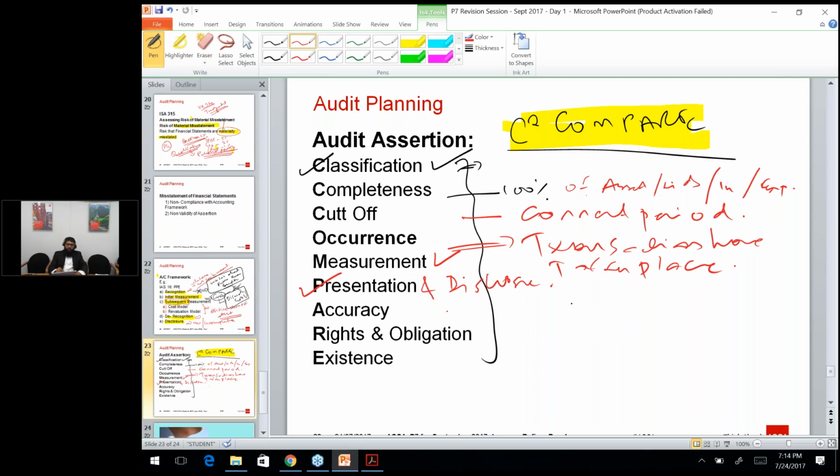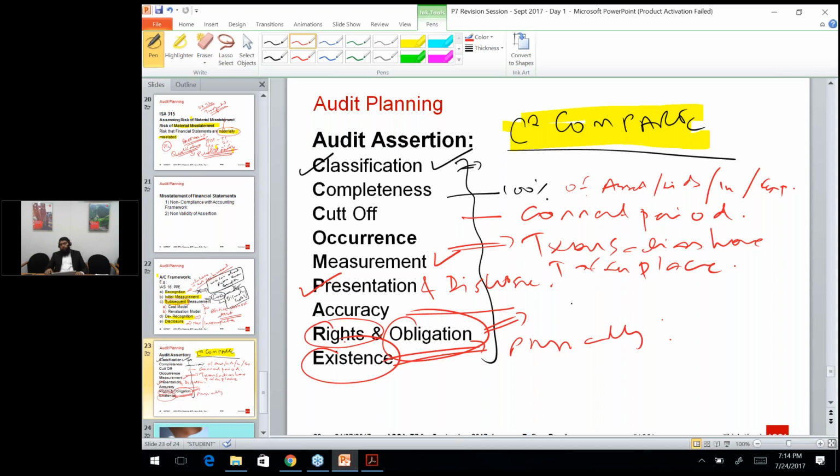The accuracy means correct transactions have been recorded accurately. There have been no mistakes in recording the transactions. Rights and obligations means we have rights to all the assets that we have shown, and for all the obligations that we have shown, we are liable for those things. And then existence, which is that the assets physically exist.